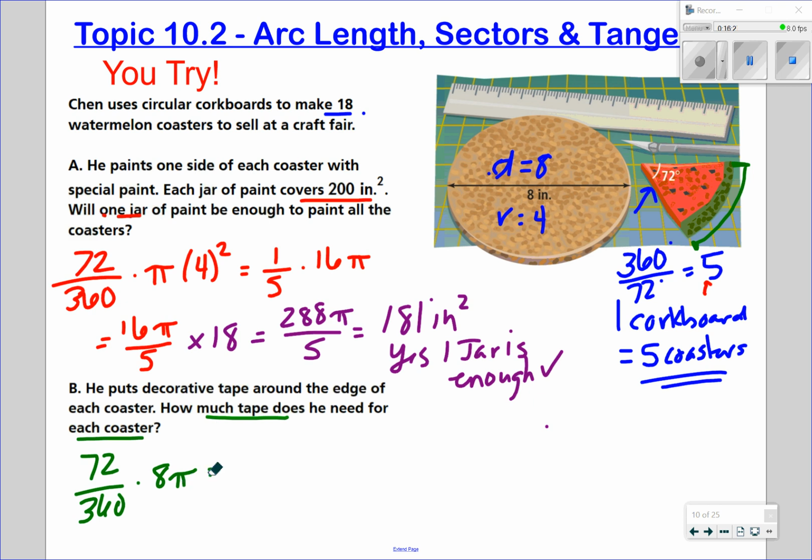Well, we know 72 over 360 is 1/5, and then we have times 8 pi, or this would be 8 pi over 5. If you put that into your calculator, using the pi button, notice they didn't say use 3.14, you get about 5.026, or if we round to the nearest tenth, 5.0, and this would be inches of tape for each coaster.